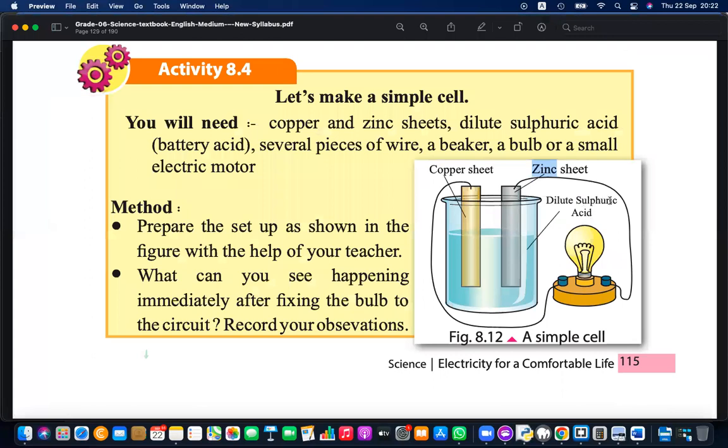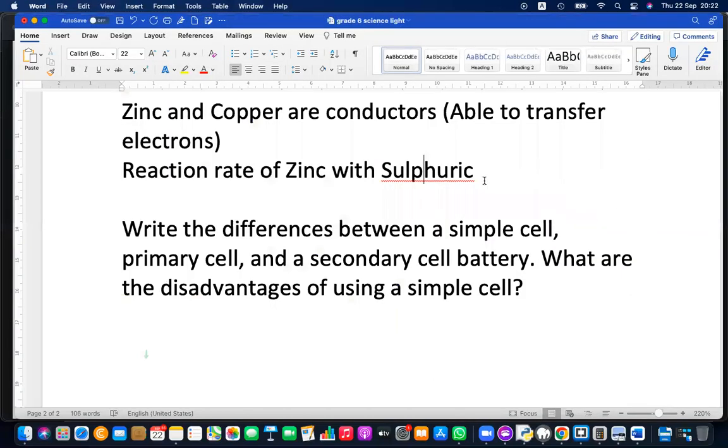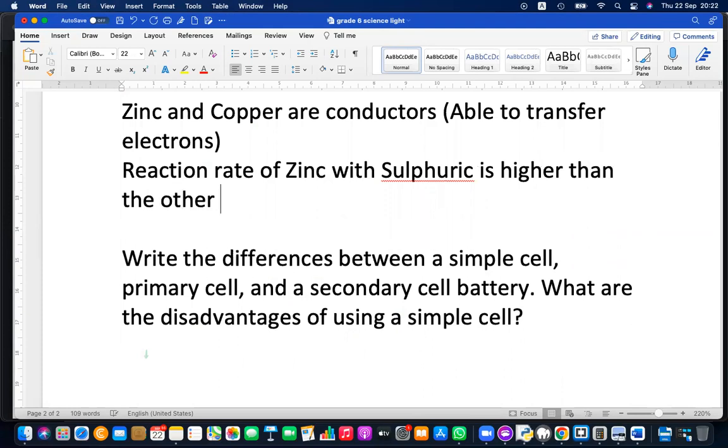S-U-L-P-H-U-R-I-C. Yeah. The reaction rate of zinc with sulfuric acid is higher than the other strip, or the copper strip.